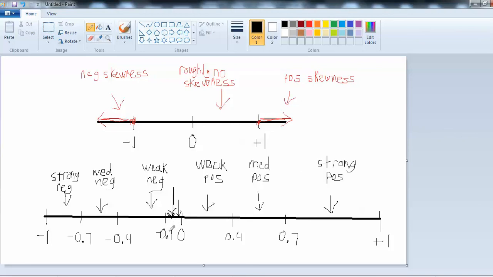It's actually closer to 0 than negative 0.1, because negative 0.1 is negative 0.10, and our value was negative 0.06. So it's closer to 0. It's right about here. So it's a weak negative.